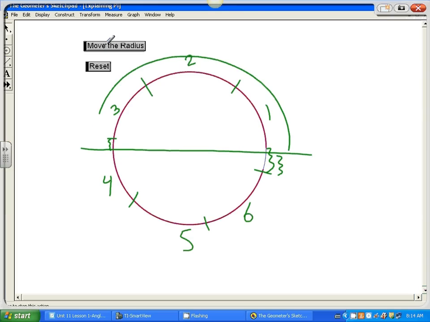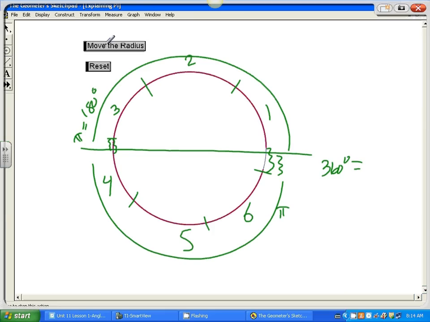Well, isn't this 180 degrees? 1, 2, 3, and a little bit over, that's pi. So 180 degrees is equivalent to pi radians, no matter how big or how small the circle is. This would be another pi. So in radian measure, 360 degrees is equivalent to 2 pi radians.